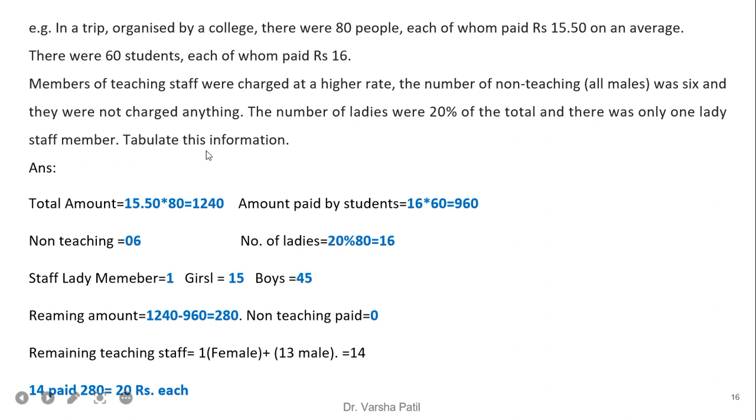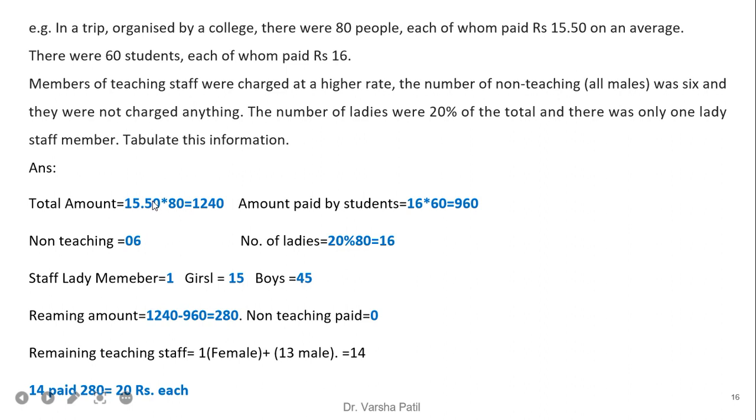Tabulate this information. So first, before plotting the table, you can easily calculate the things which are given. For example, 80 people are there and on an average they are paying 15.50. So the total amount is 15.50 into 80, which is 1240.